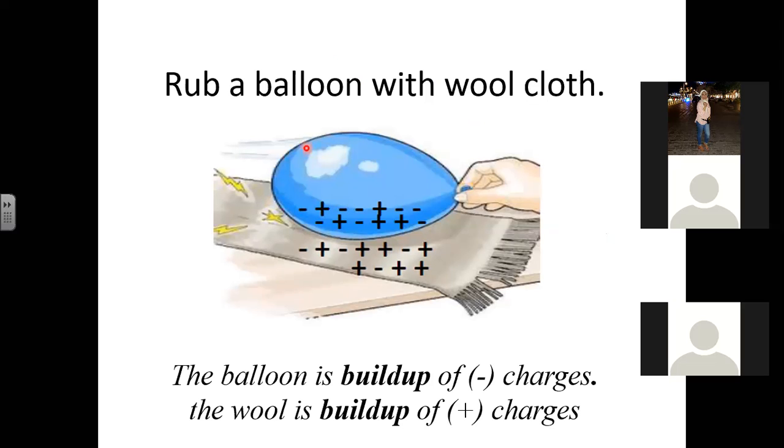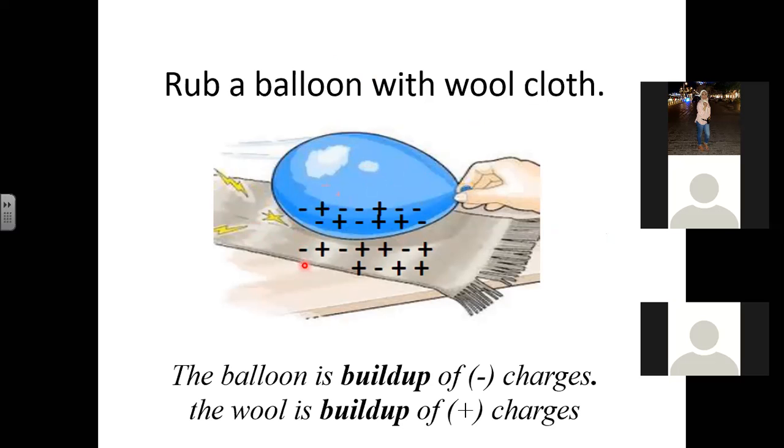So you have a balloon and you start rubbing it against a piece of cloth. The balloon and the piece of cloth both have positive charge and negative charge. So when you are rubbing the balloon against the piece of cloth, the negative charge from the piece of cloth starts to jump to the balloon.